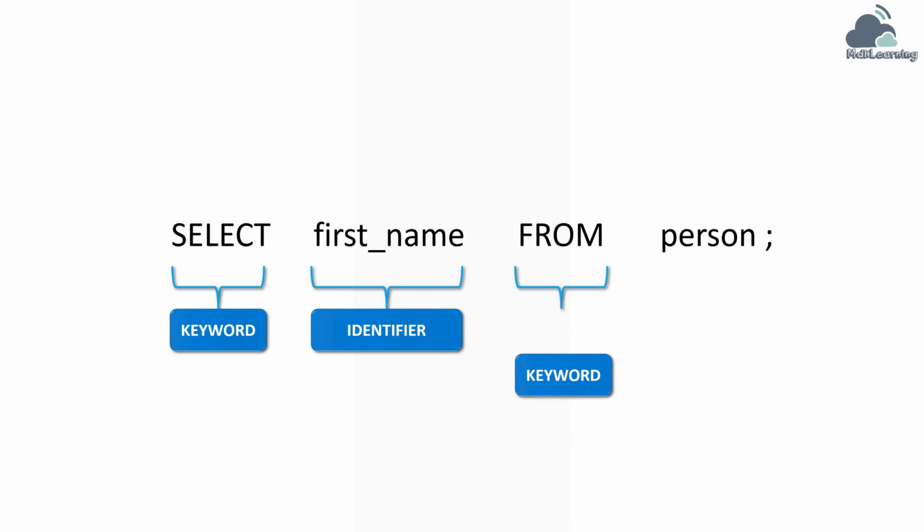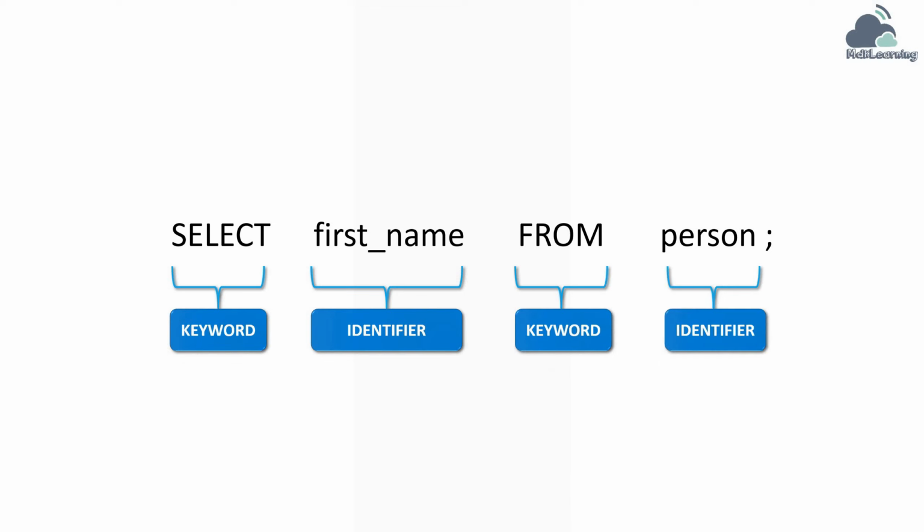FROM is also a keyword, and person is also an identifier, right? So SELECT and FROM are the keywords, first_name and person are the identifiers. SELECT and FROM are part of the SQL specification. first_name and person refer to things inside of my database.